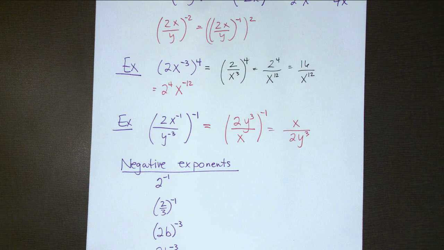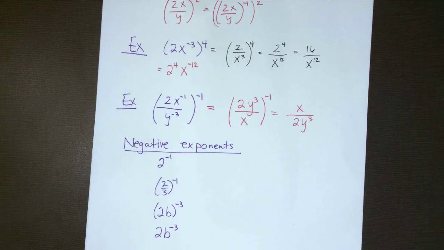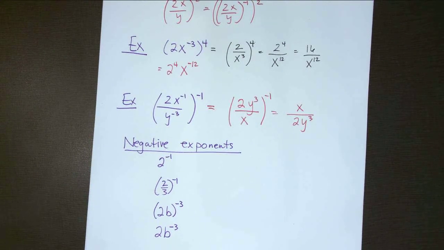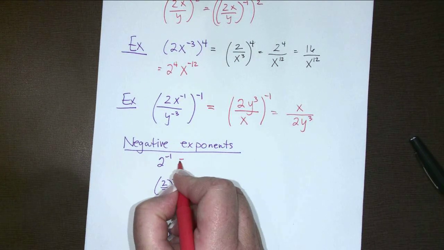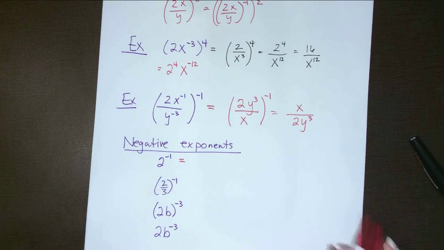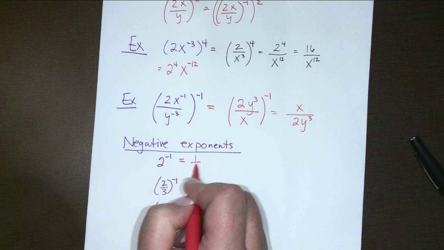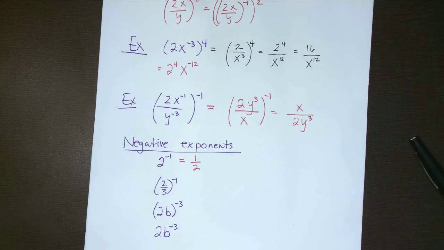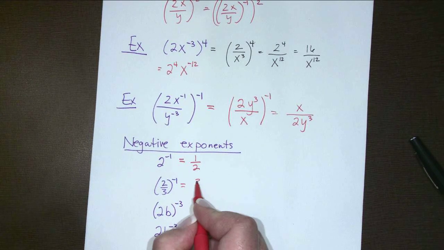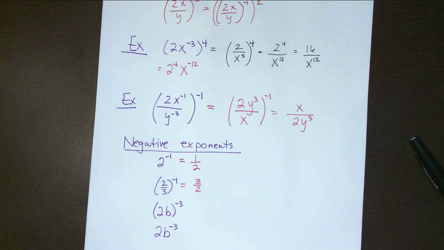So we want to look at the differences between these. All right, so the first one, the negative, that's 1 over 2, like that. This is a flip, 3 over 2, we saw that already, so we saw those two.